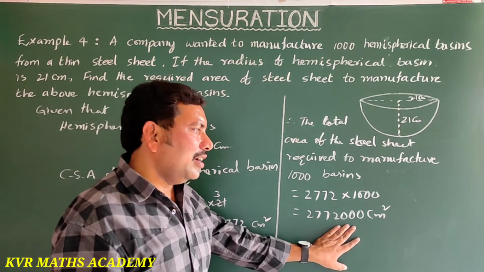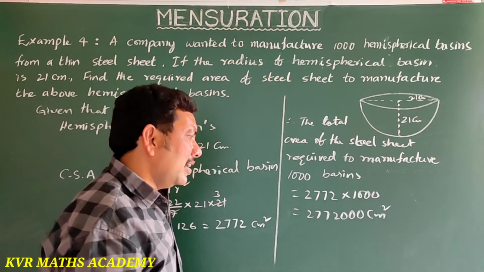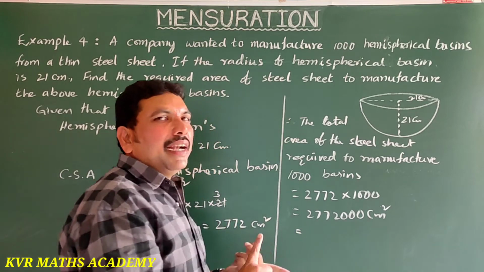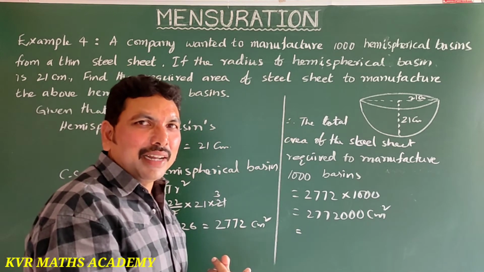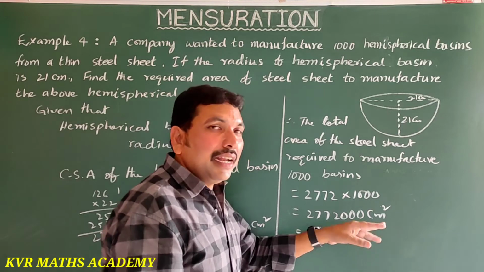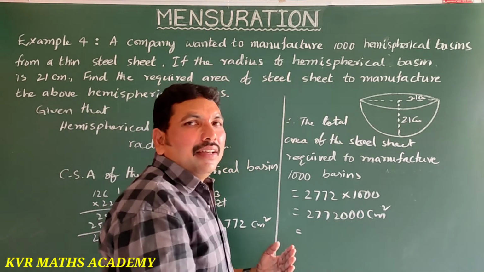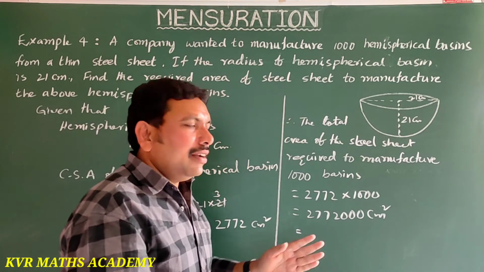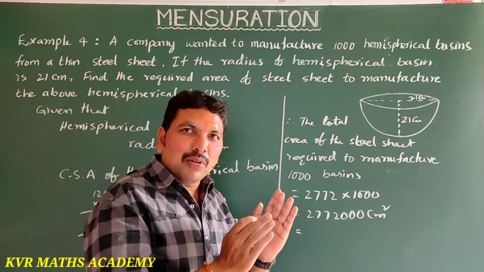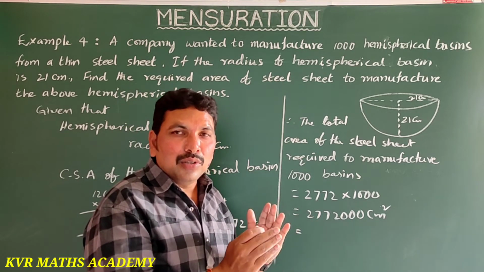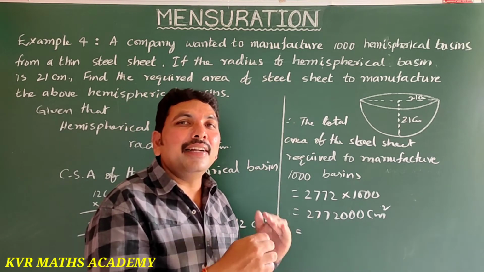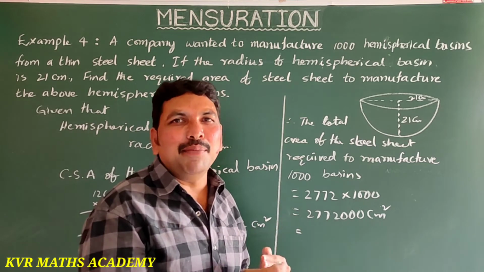So convert into meter square. Meter square means 1 meter is equal to 100 centimeters. So convert into meter square. Then divide by 10,000, because 1 meter is equal to 100 centimeters, so meter square means 100 into 100, 10,000 centimeters square.